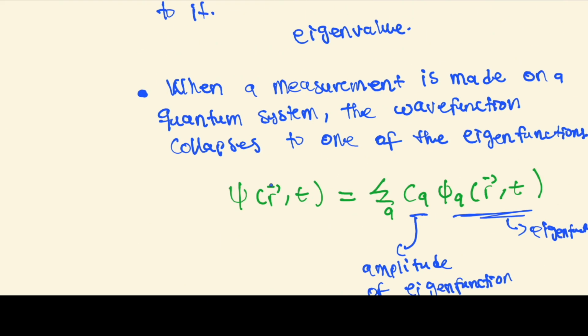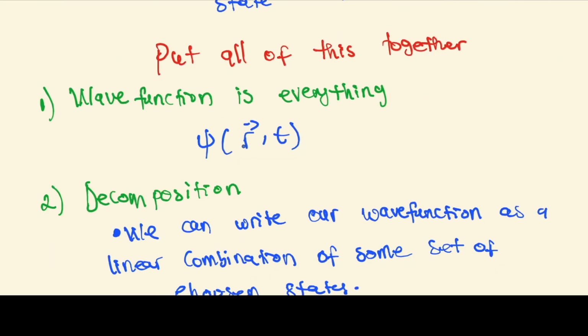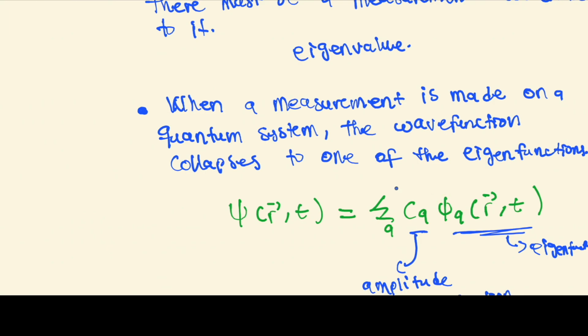To summarize, we have our wave function, which is everything there is to know about a particle. It contains all the information. This wave function is made up of a linear combination of some chosen states, which we call the eigenfunctions, as written in this equation here. Each of these eigenfunctions has a measurement associated to it, which we call the eigenvalue. This measurement could be energy, position, or momentum.